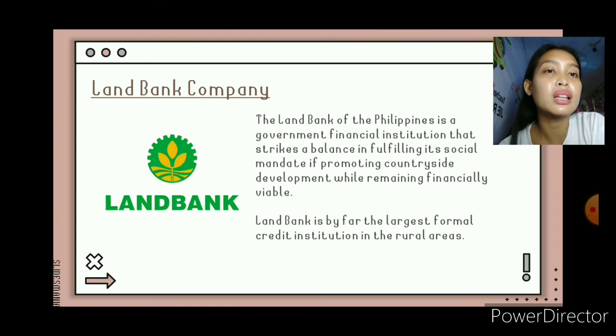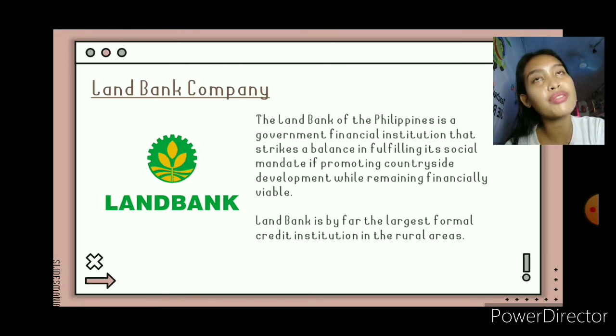So the Land Bank of the Philippines is a government financial institution that strikes a balance in fulfilling its social mandate of promoting countryside development while remaining financially viable. Land Bank is by far the largest formal credit institution in rural areas. So this Land Bank is focusing on the rural areas, for the farmers.